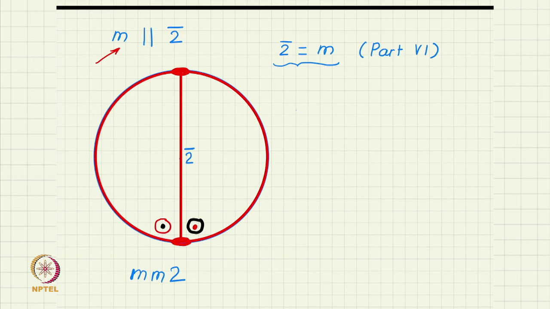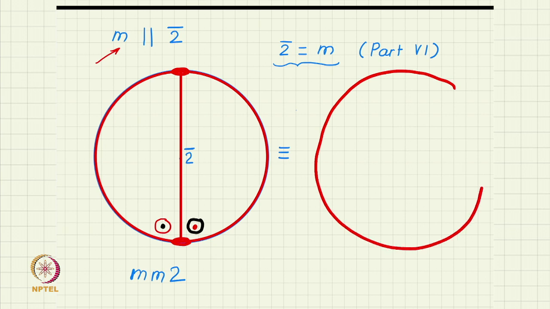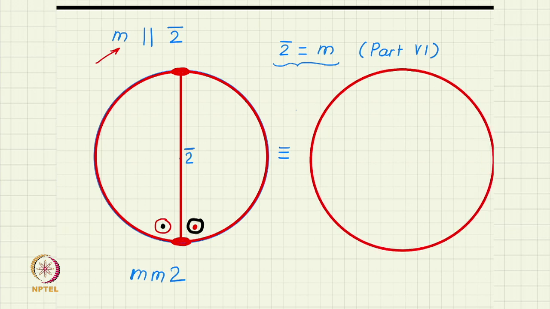Only, this is a non-standard stereogram, because the two-fold is now in a horizontal direction, lying on the primitive. We usually draw the standard stereogram for this point group with the two-fold in the center. Sorry, I should not draw now.